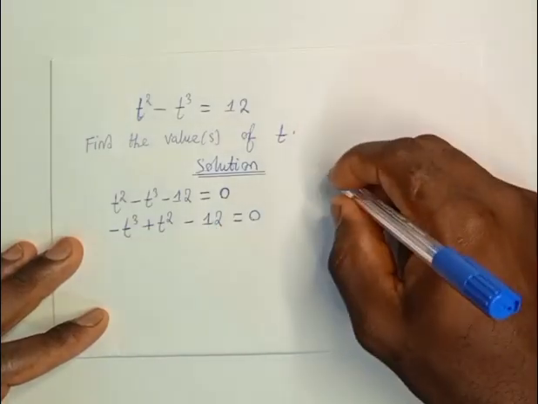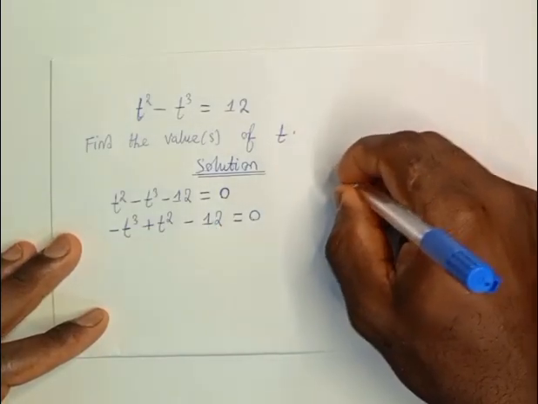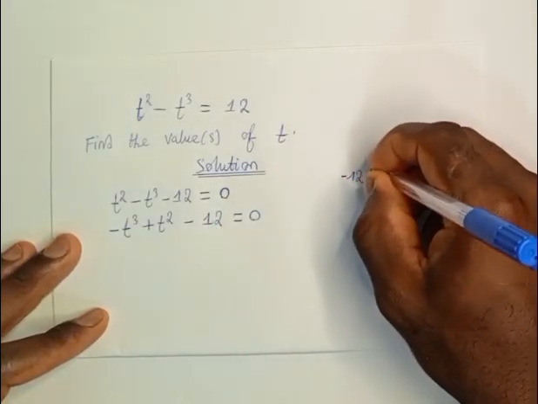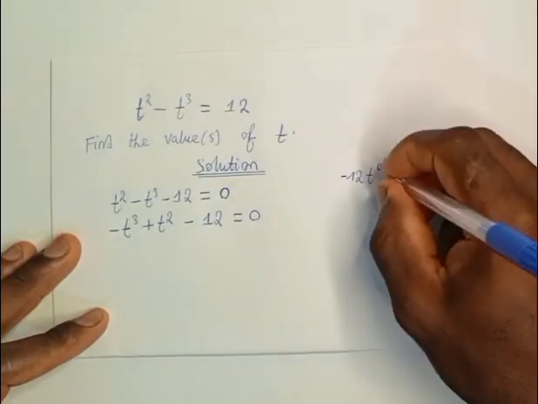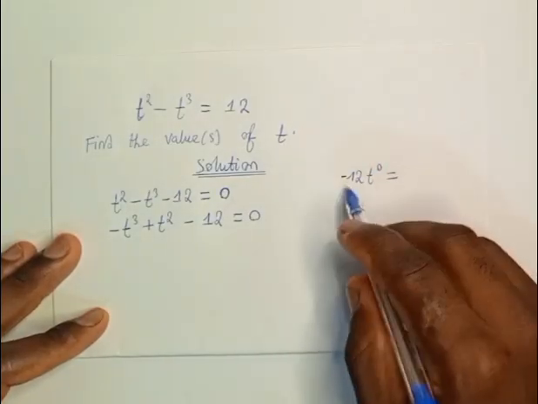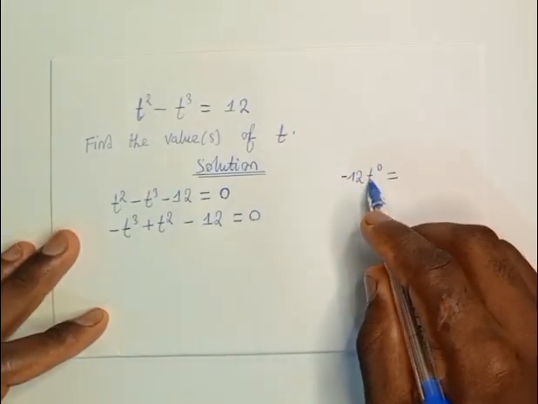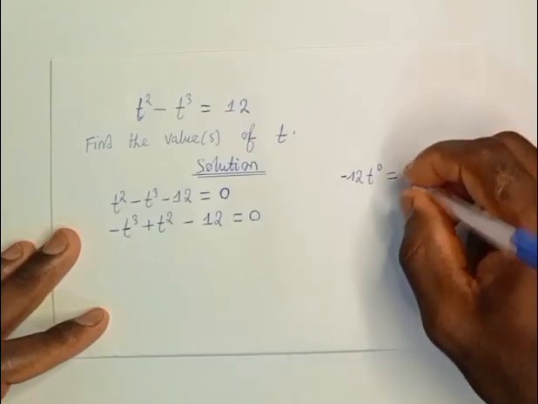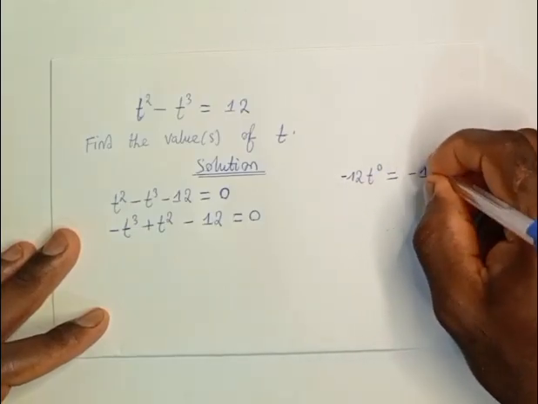Recall that in negative 12, t is raised to the power 0. This is simply the same as negative 12 times t raised to the power 0, which is 1. It remains negative 12.